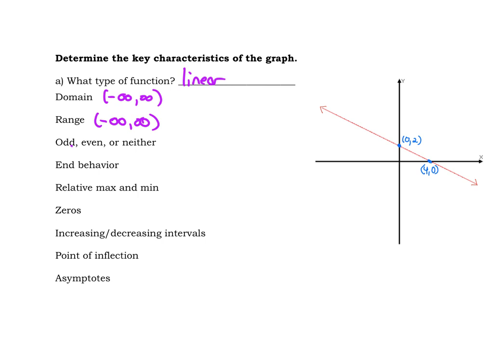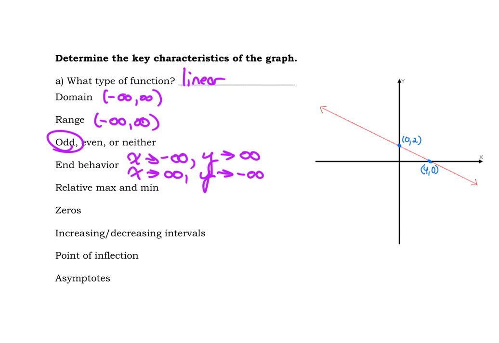This line is odd because one side is up, one side is down, and the end behavior is as x approaches the left, which is negative infinity, y is approaching the top, which is infinity. As x approaches infinity, which is to the right, y is approaching negative infinity, which is down.